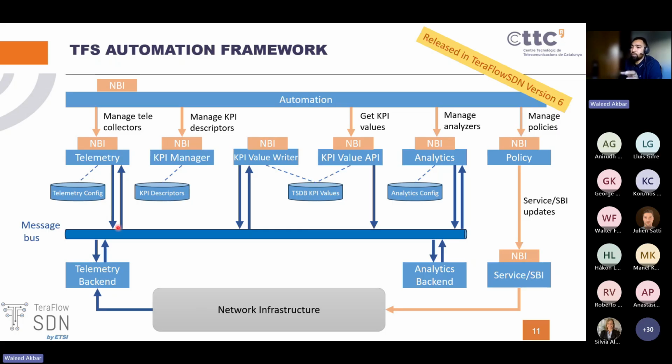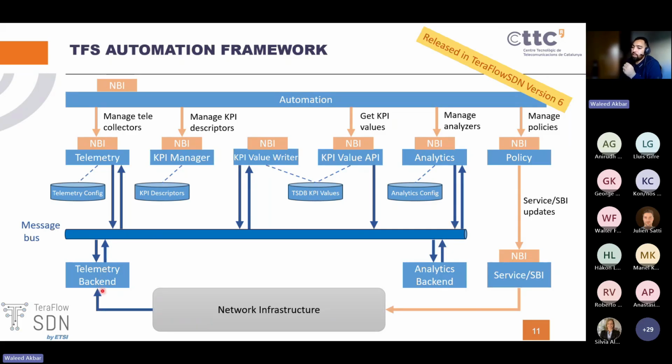And when you have the information and the data available, the automation will go to the analytics component. The automation will configure some analysis conditions, or any type of analytics you can configure. Once the analytics is configured, it can receive the data from this bus.